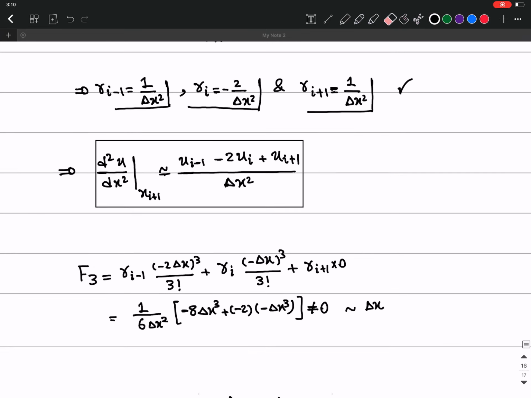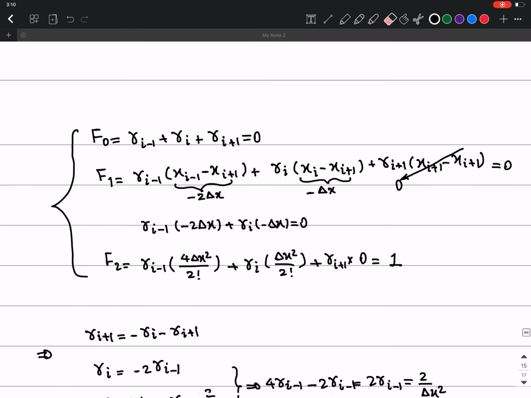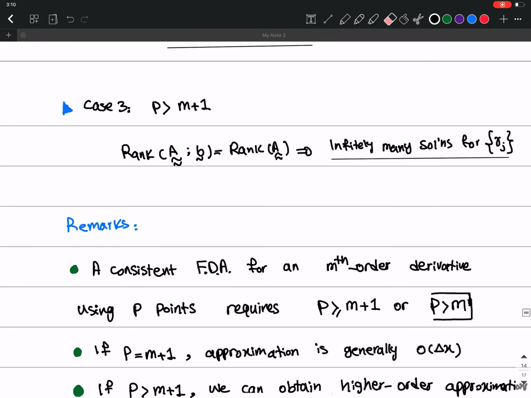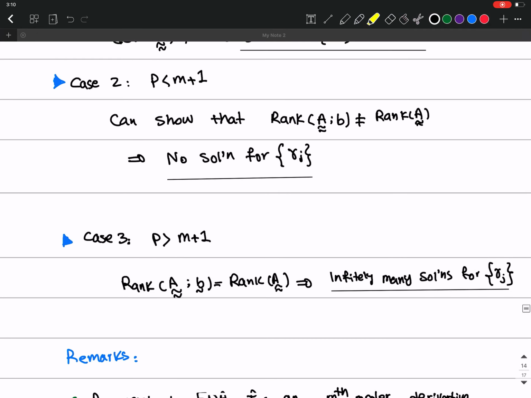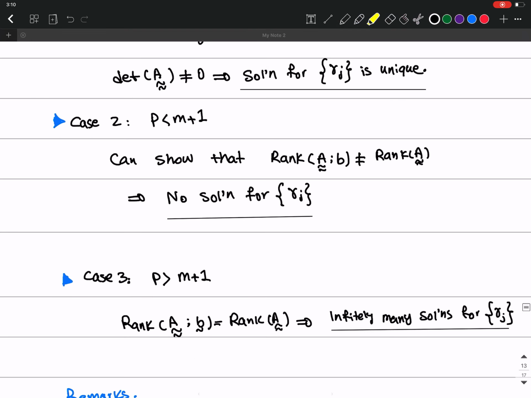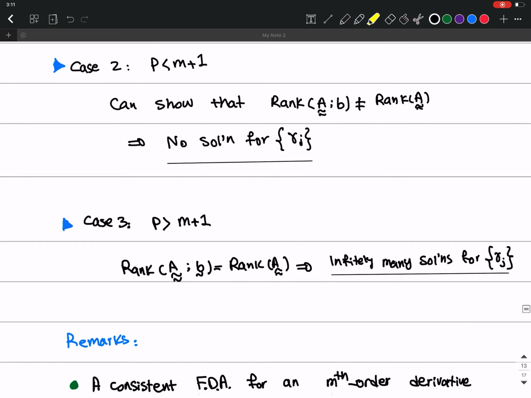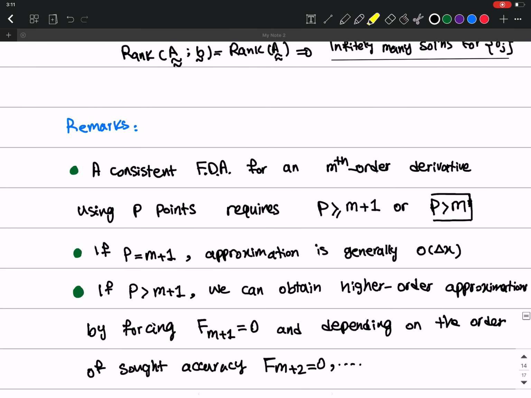So let's review what we did today in this lecture. First we gave some remarks about the general method for approximating finite differences. So we said we need a requirement that the number of points has to be greater than the order of the derivative to be able to have a consistent finite difference approximation.